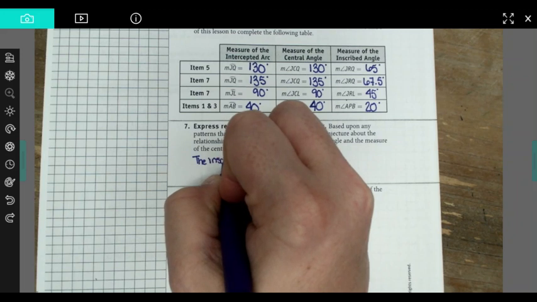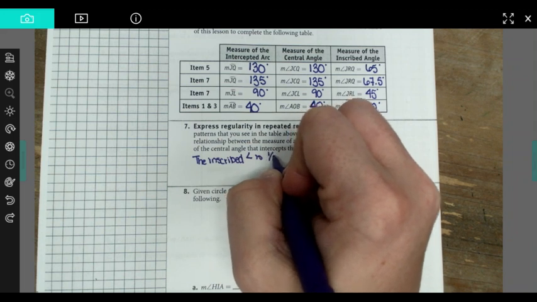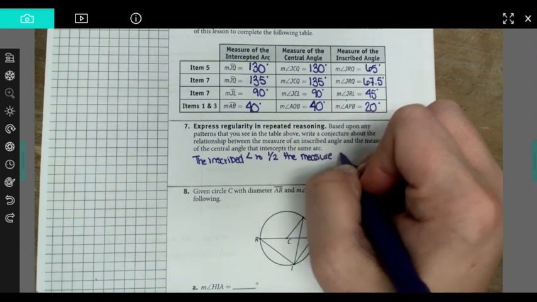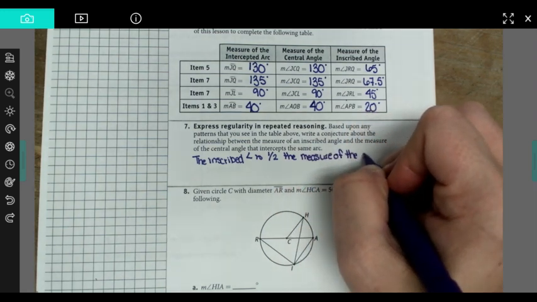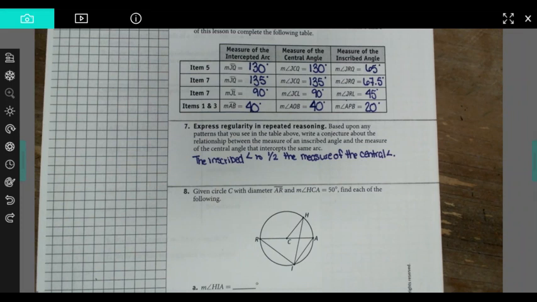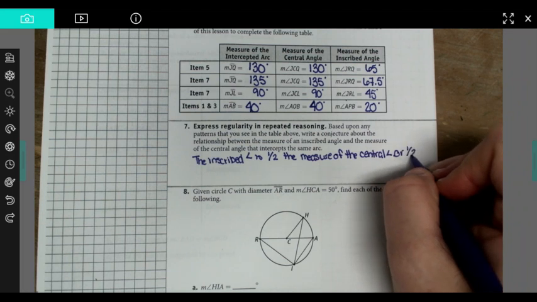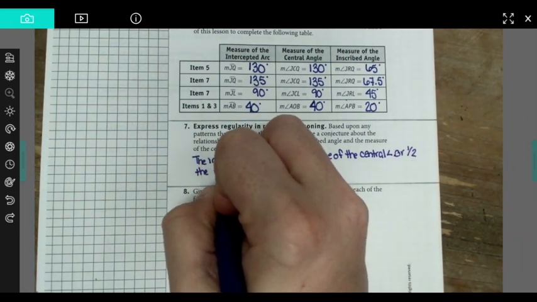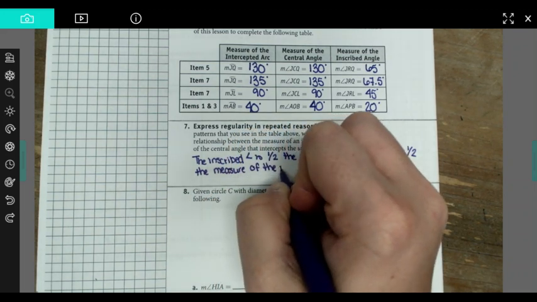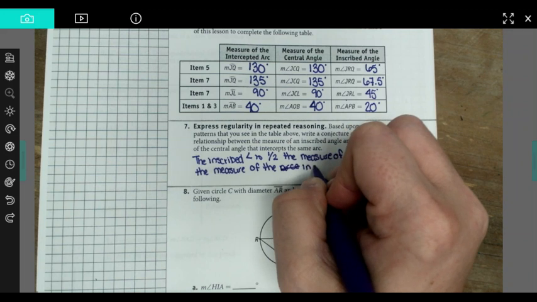So the inscribed angle is 1/2 the measure of the central angle, or half the measure of the intercepted arc.